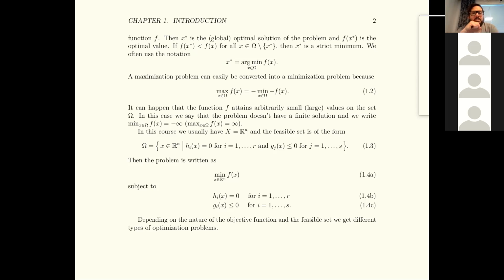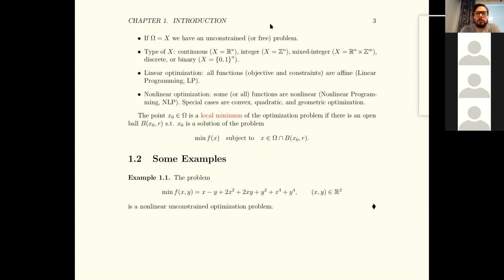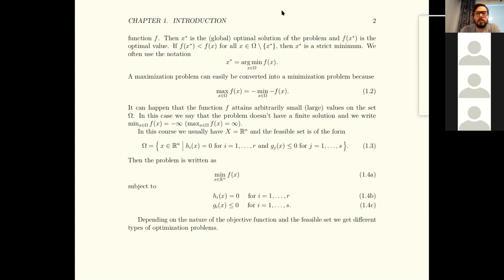So it says here, this notation, X star is the argmin. Argmin means the minimum argument, the X that makes this the smallest.